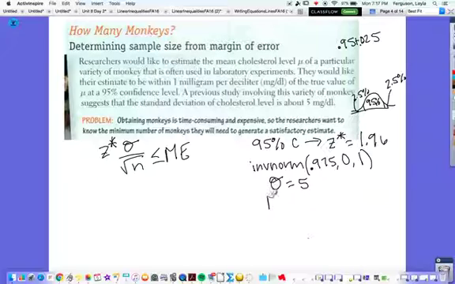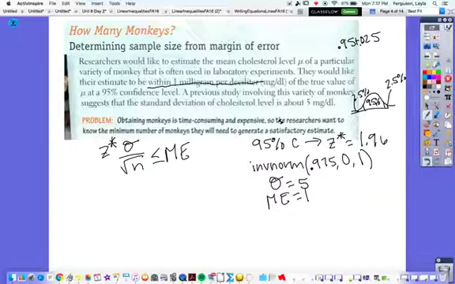And you know that your margin of error that they want you to use would be at most 1. And the reason I know it's at most 1 is because I want it to be within 1 milligram per deciliter.